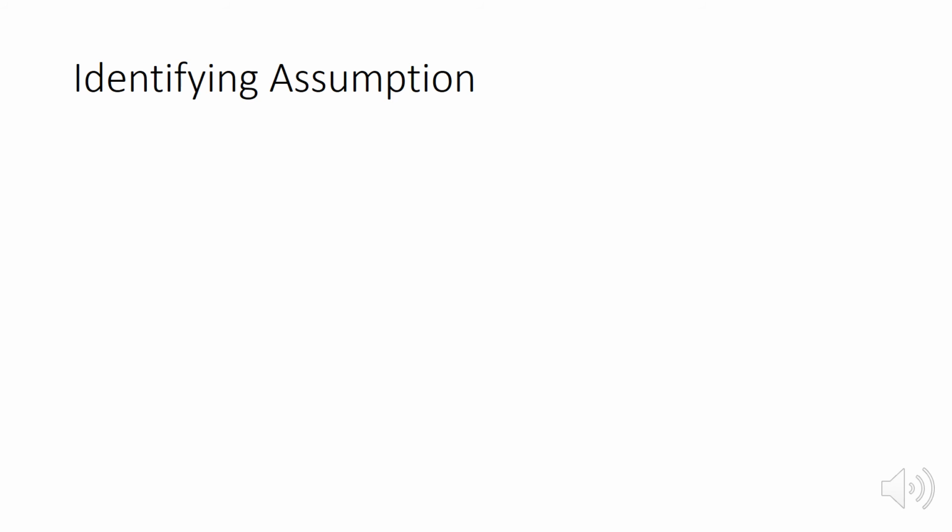But of course, to draw those conclusions, we've made some assumptions. What are some of the assumptions that we've drawn? We've already talked about them a little bit. This is just a quick review.